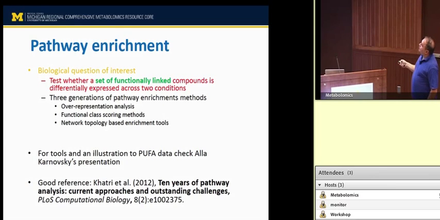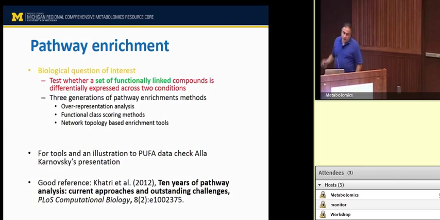This is a great paper in PLOS Computational Biology. It's 3 years old. This business started around the turn of the century, and it talks about 10 years of pathway analysis, and uses a categorization of 3 generations of pathway enrichment methods. The first was inspired by GO analysis, and the second generation of methods was motivated by microarray analysis.